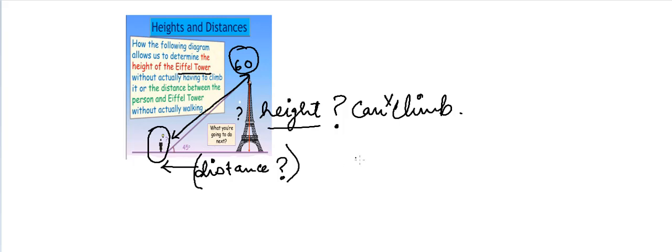You know sine 45 degrees, this is the angle, is equal to the perpendicular divided by the hypotenuse.